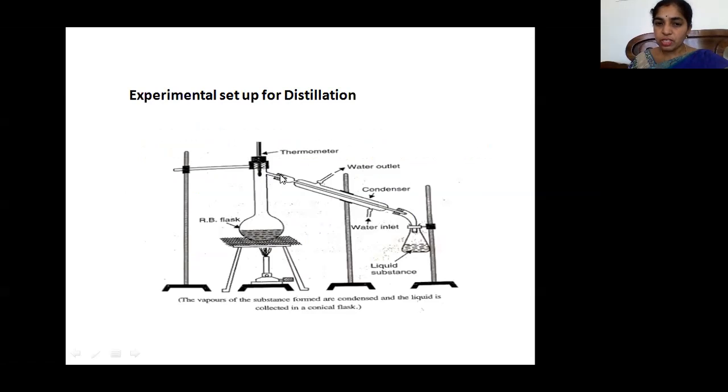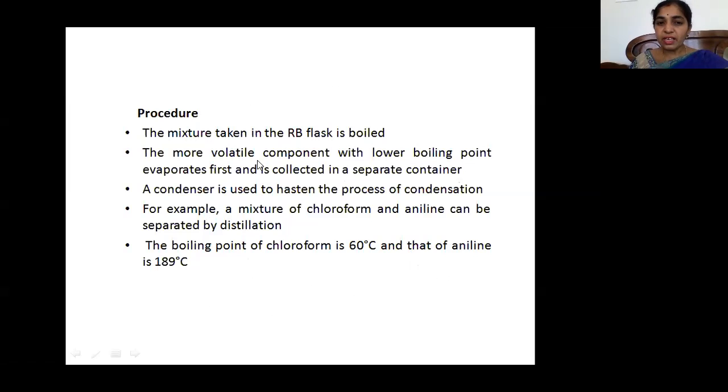When it passes through this side tube and reaches the condenser, it condenses into liquid and falls into this receiver. A condenser is used to hasten the process of condensation, to condense the vapor which is evaporated.